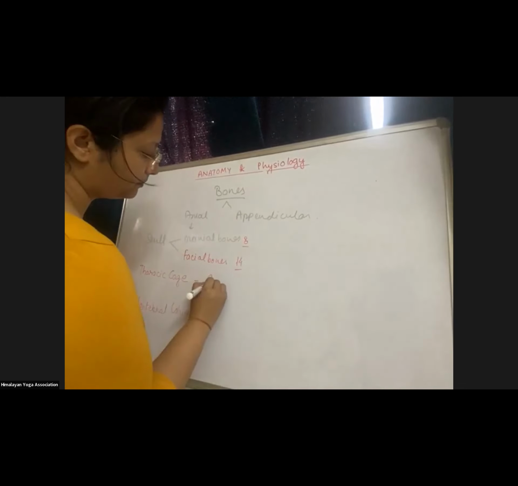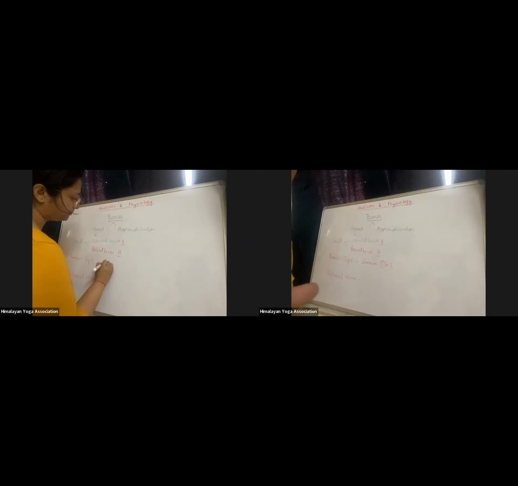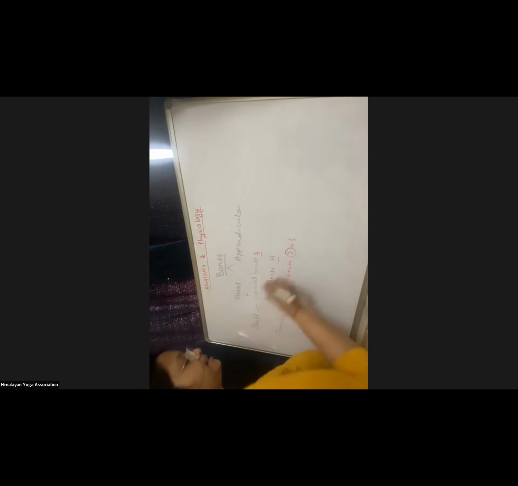In thoracic cage, we have sternum and ribs, and these are 12 pairs.